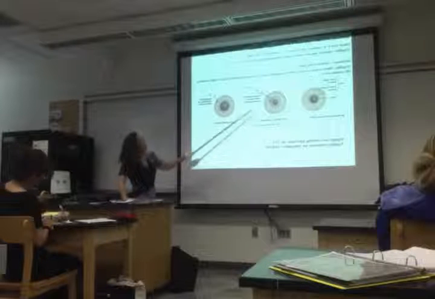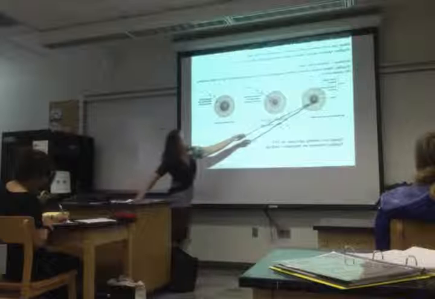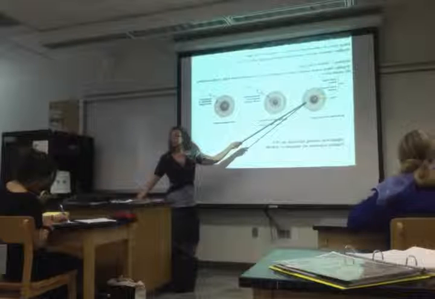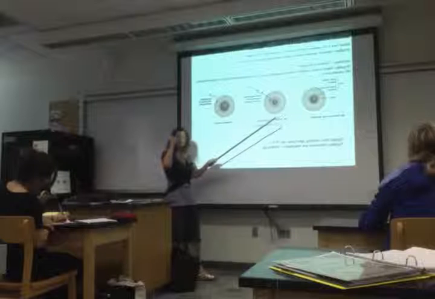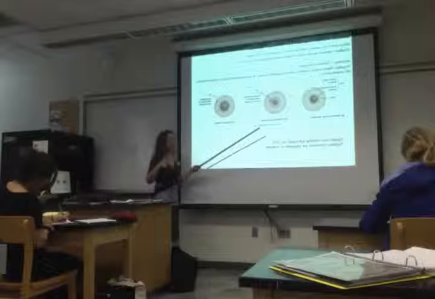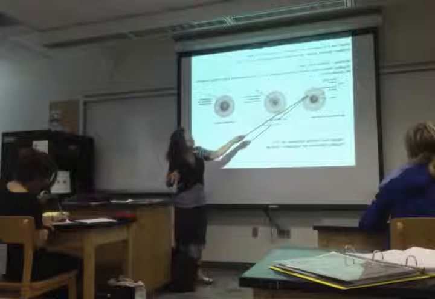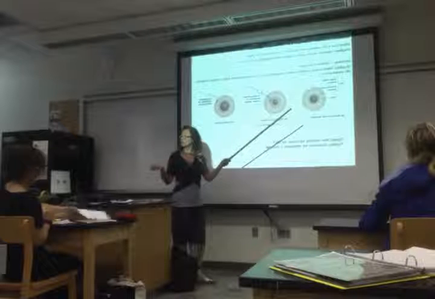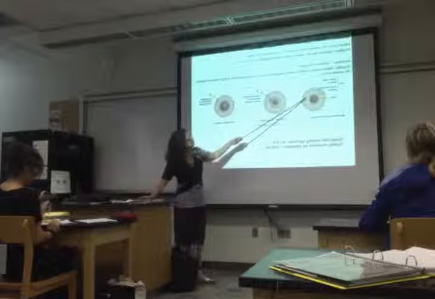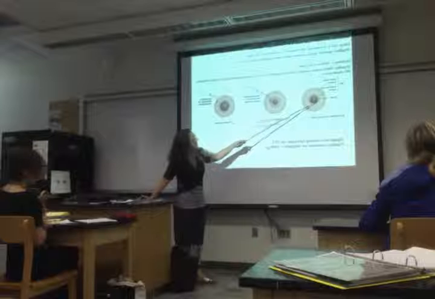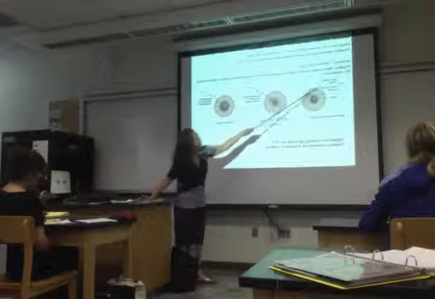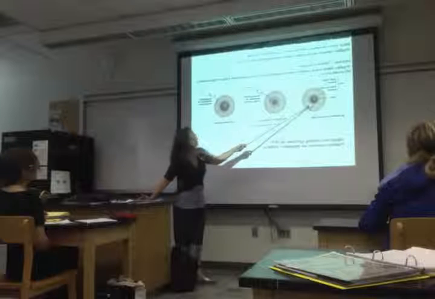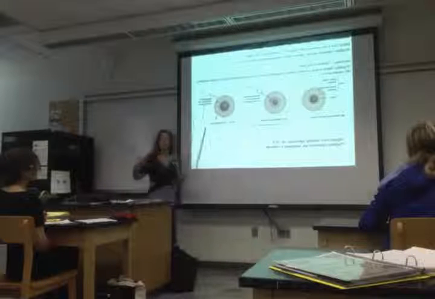Looking at the pupil, and remember we have the iris, the colorful part of the eye. Within that iris we have embedded two smooth muscles. One is a sphincter, and one is a muscle that has the fibers running radially like the spokes of a bicycle.